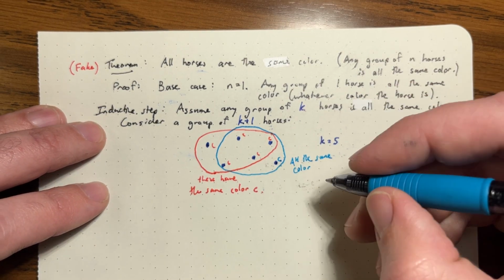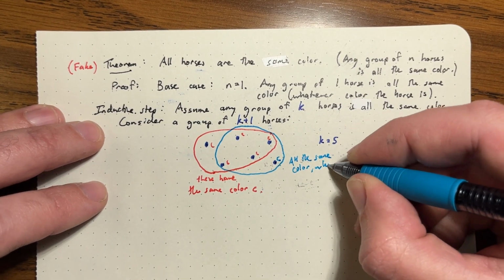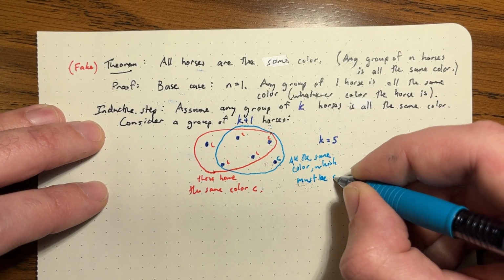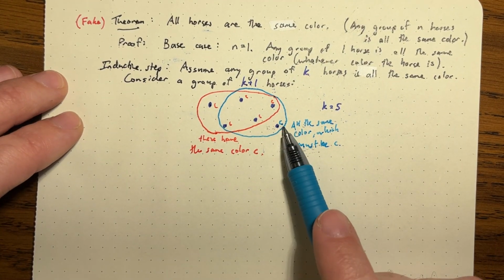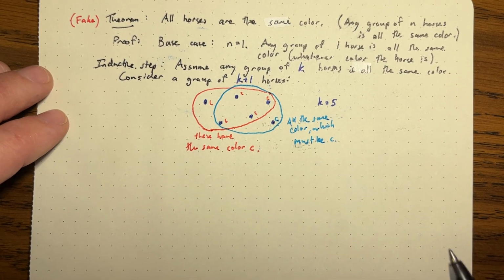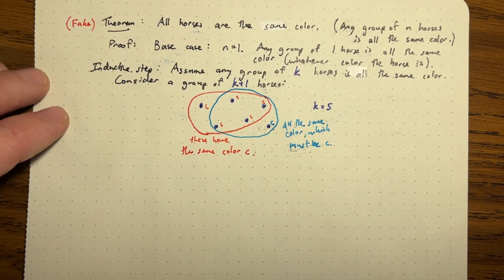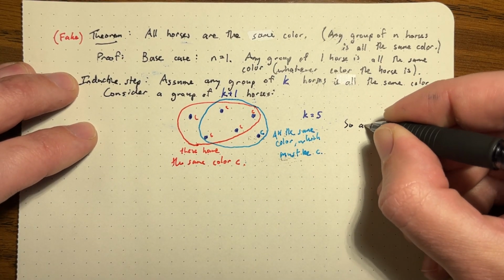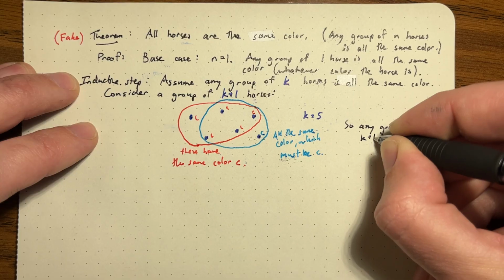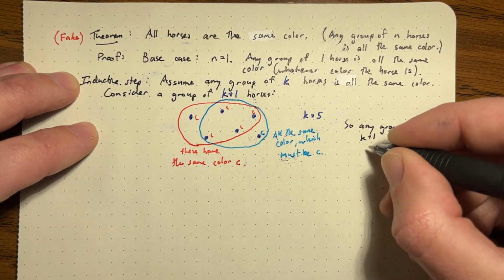That group itself is all the same color, which must be that same C. Okay. Because otherwise this group would violate the inductive hypothesis. So that's it. We just proved that any group of k plus 1 is all the same color.